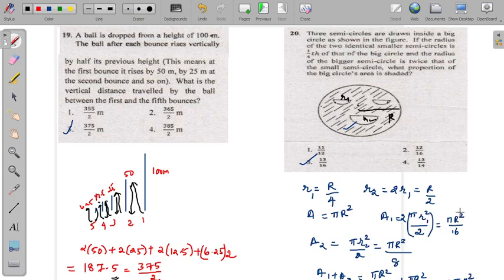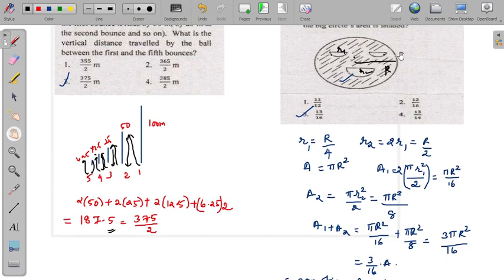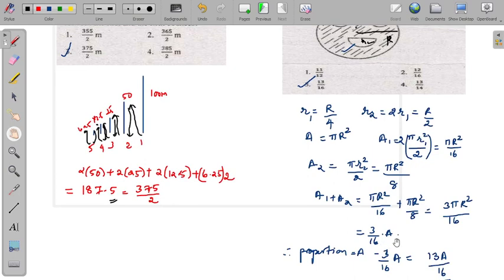So that gives you pi R square divided by 16. A2 means area of this semicircle, pi R2 square divided by 2, which gives you pi R square divided by 8. When you add up these two areas, A1 plus A2, that comes out to 3 pi R square divided by 16, that is 3 by 16th value of A.